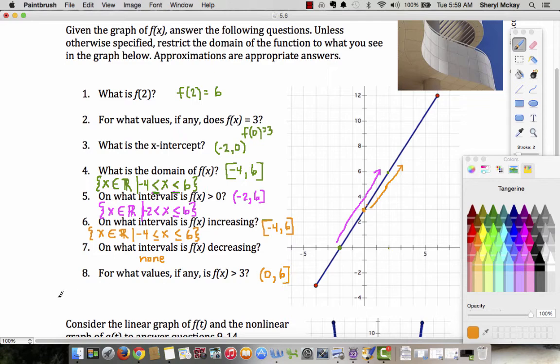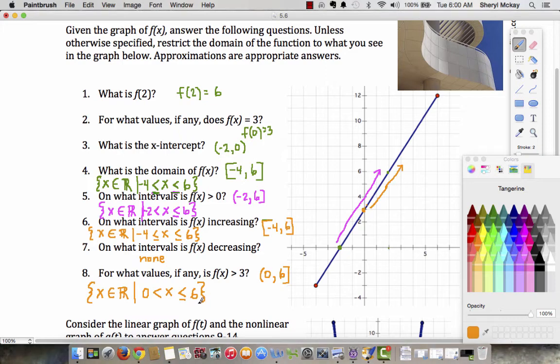Now let's write that in set builder notation. x is an element of the real numbers such that x is greater than 0, but not equal to 0, and x is less than or equal to 6.